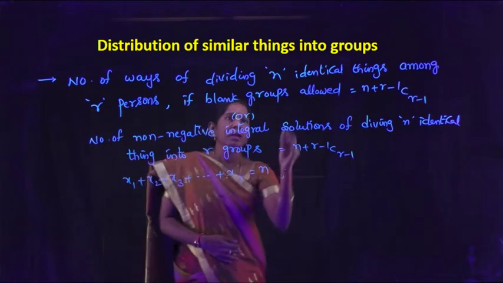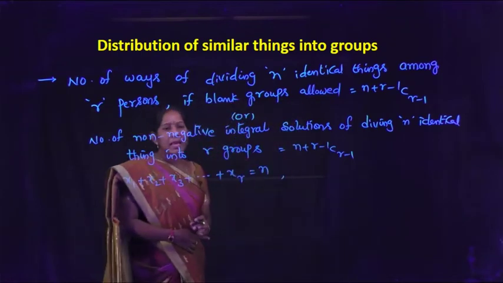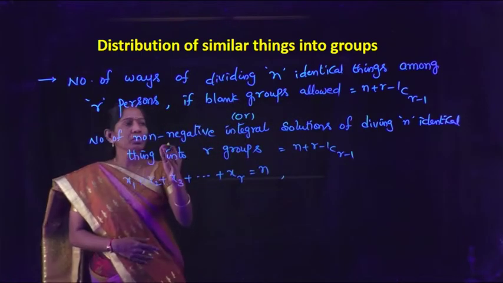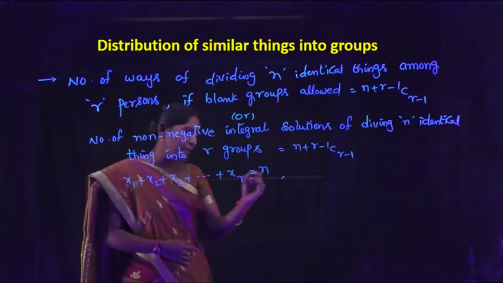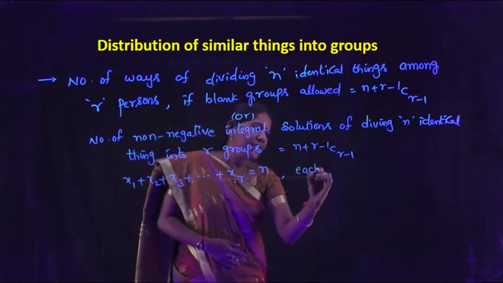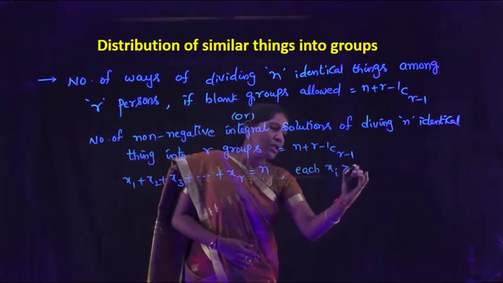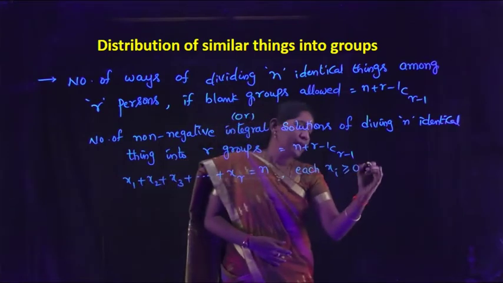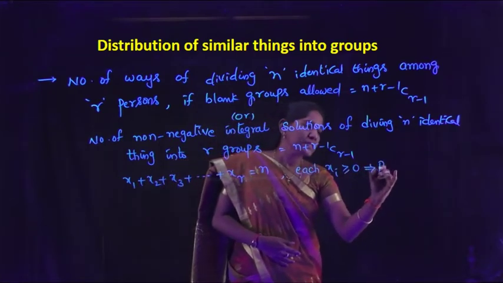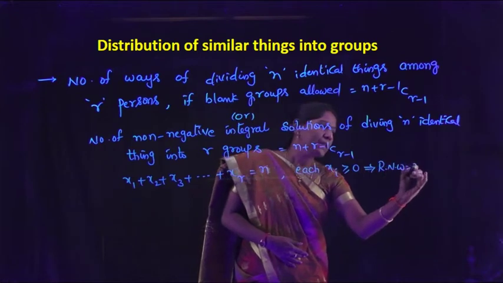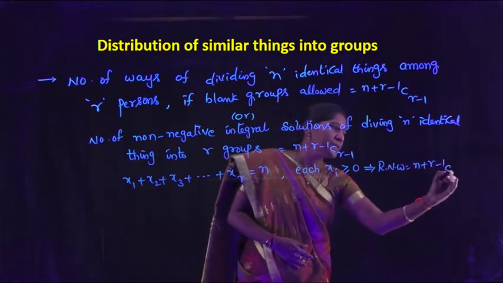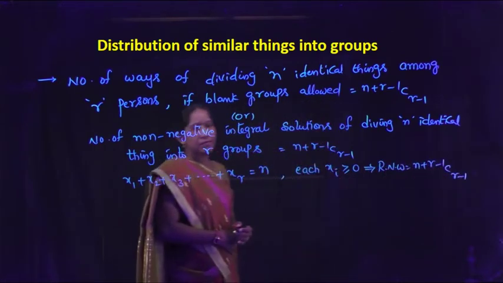Here blank groups are also allowed, so these are non-negative integral solutions, that is each xi greater than or equal to 0. Then the required number of ways is n plus r minus 1 c r minus 1.